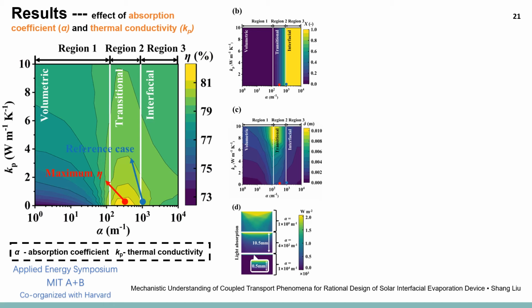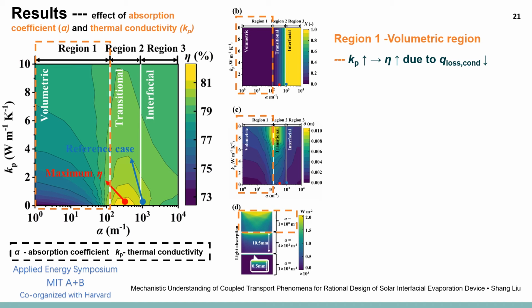Region 1 is the volumetric region, region 2 is the transitional region, and region 3 is the interfacial region. For region 1, due to the small absorption coefficient, the interfacial location is at the bottom surface of the system, so higher thermal conductivity led to higher evaporation efficiency due to a decreased heat conduction loss.